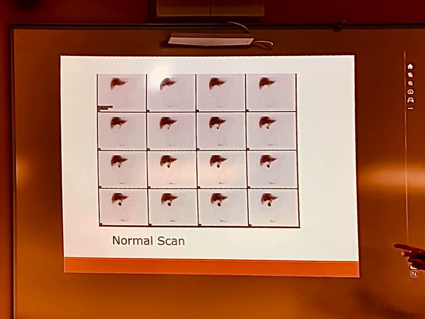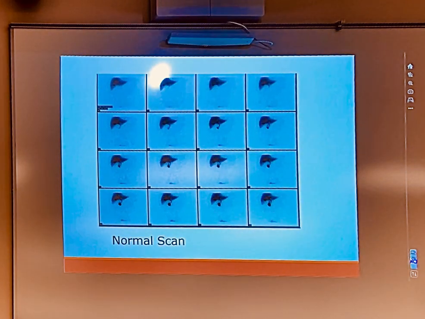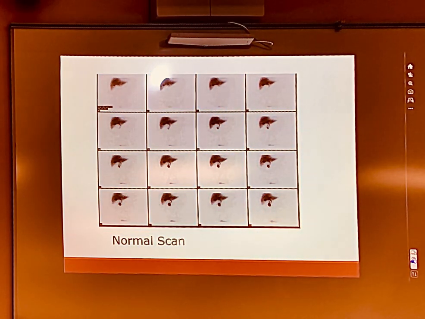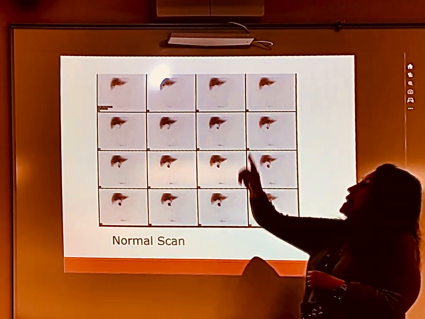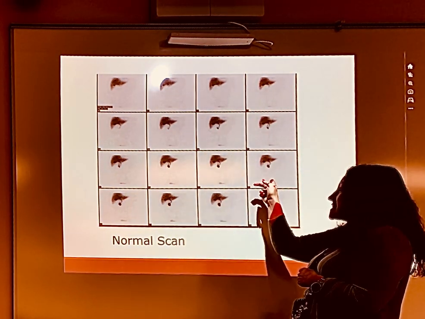So normally when you acquire a dynamic study, you start it immediately and then you sum those images, you compile them. So instead of making them 60 seconds a frame, you sum them to be 5 minutes, right? So it will be like 5, 10, 15, 20, 25, 30, 35, 40, 45, 50, 55, 60.